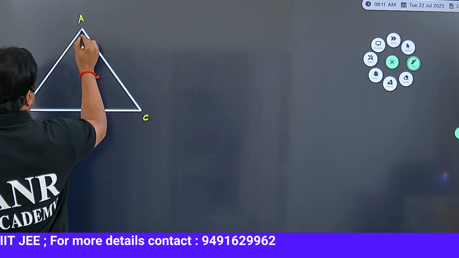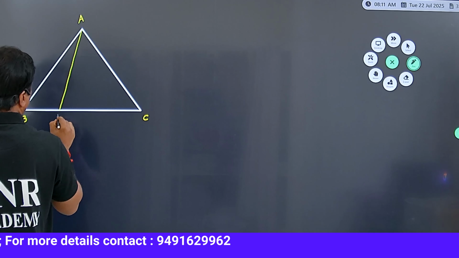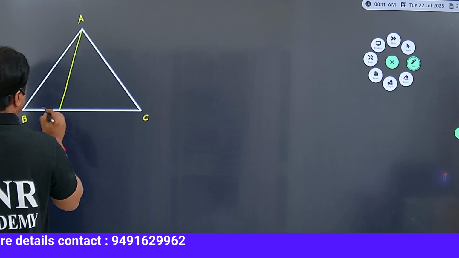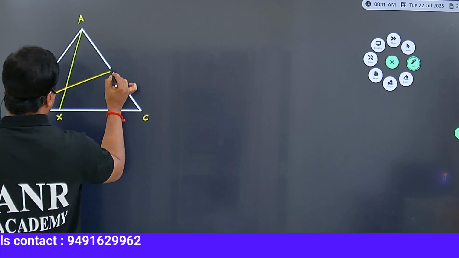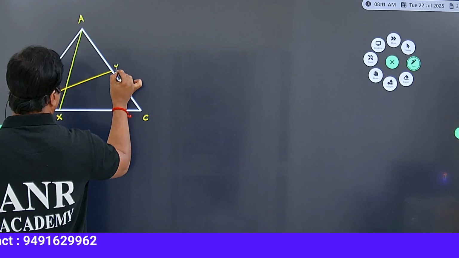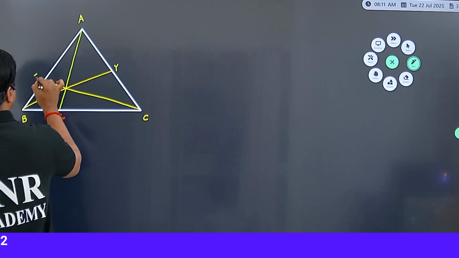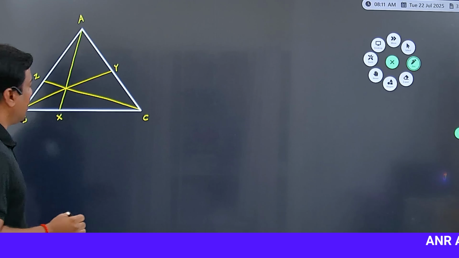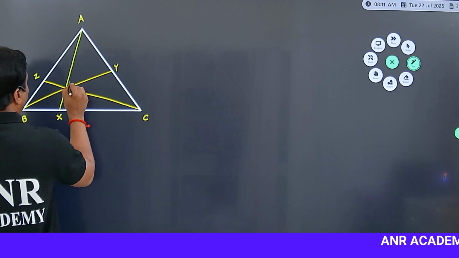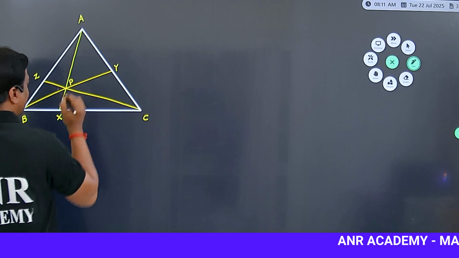First one, suppose this is AX. Next, BY. This is CZ. And assume that their point of intersection is P.